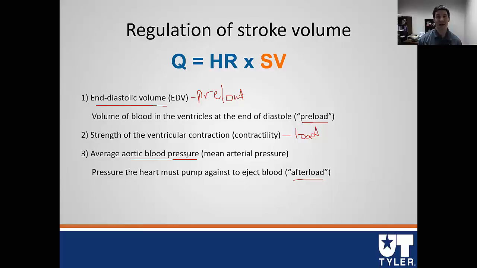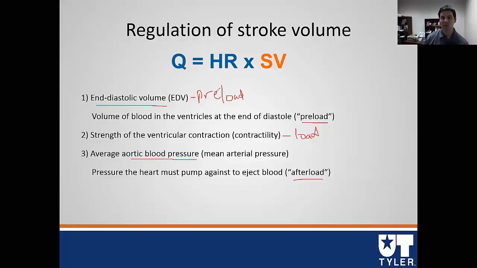Therefore, it's actually an inverse relationship. Inverse meaning as blood pressure goes up, then the amount of blood that gets ejected, or the stroke volume, will go down. It's the opposite response. So if we have a lower blood pressure, we'll pump more blood out. And again, we can think of this as afterload.